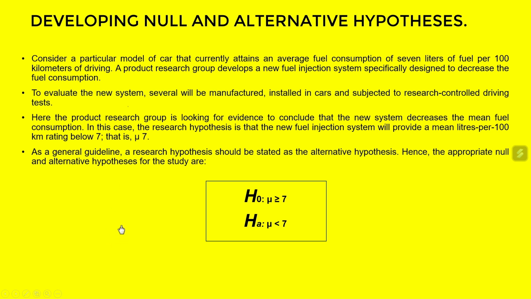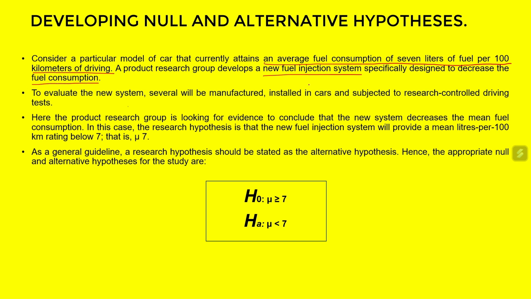So here is the situation which is given to us. Consider a particular model of car that currently attains an average fuel consumption of 7 liters of fuel per 100 kilometers of driving. A product research group develops a new fuel injection system specifically designed to decrease the fuel consumption.